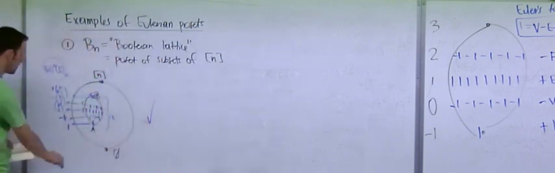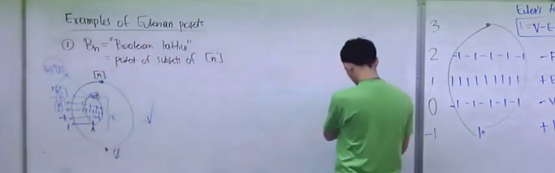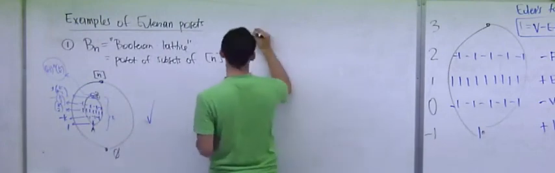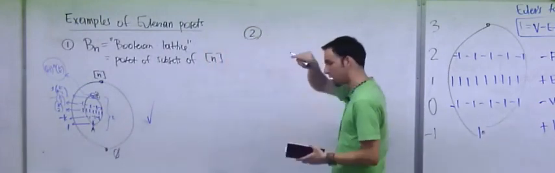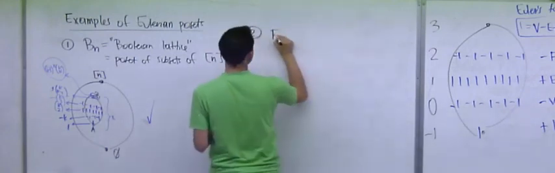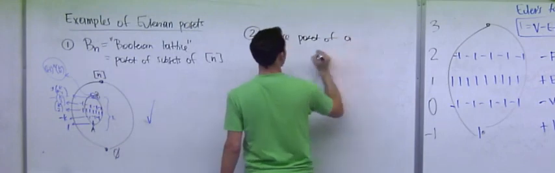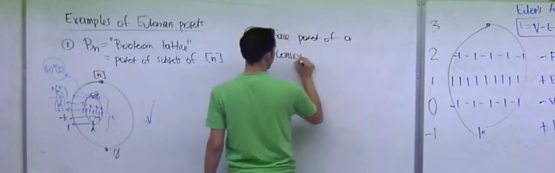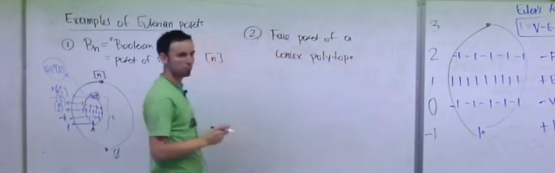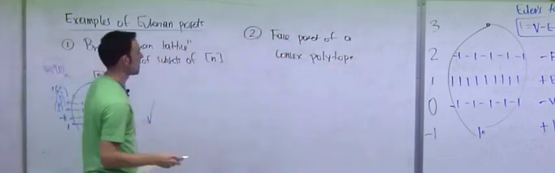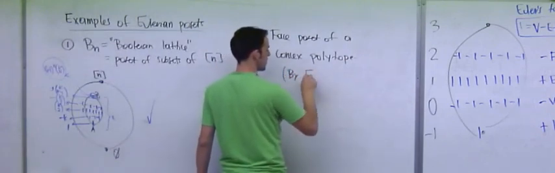Okay. That's one example. Another example. Well, we talked about this. The face poset of a convex polytope. No matter what convex polytope it is. Okay. So this is by Euler's formula.